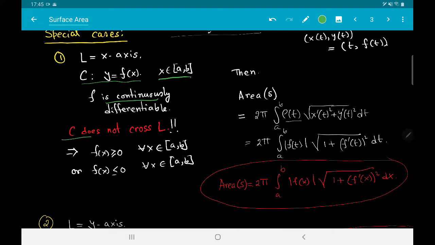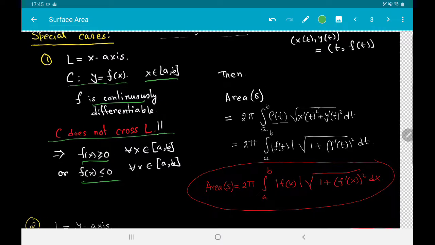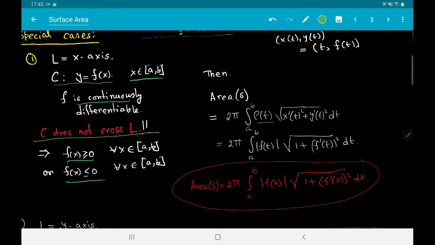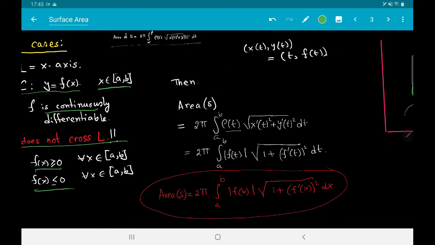And of course, our condition is that C should not cross L, as I have just mentioned, so f of x is either greater than or equal to 0 for all x, or less than or equal to 0 for all x, because C does not cross L. Then, if I use the formula which I described in my previous slide, we can see that it turns out to be as follows: 2 pi times the integral of modulus of f of t times square root of 1 plus f prime t square dt.